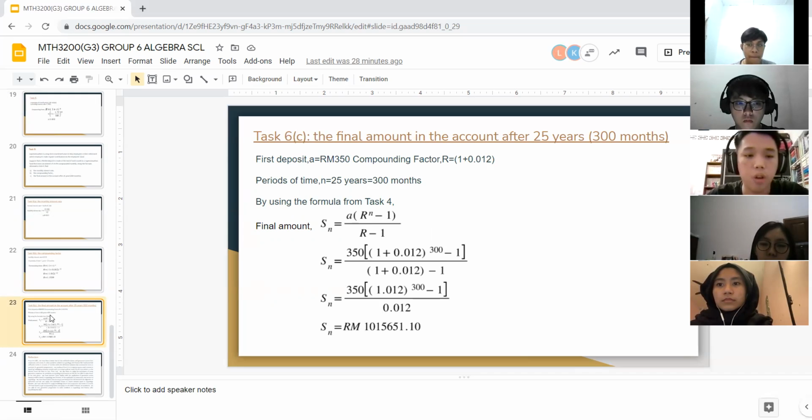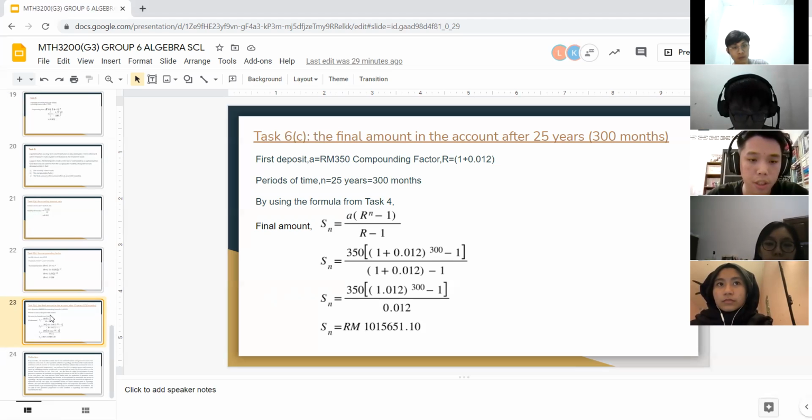So for task 6C, you need to find the final amount in the account after 25 years. We use the formula we obtained from task 4, which is Sn equals A, which is the first deposit, times R power the period of time minus 1 over R minus 1.